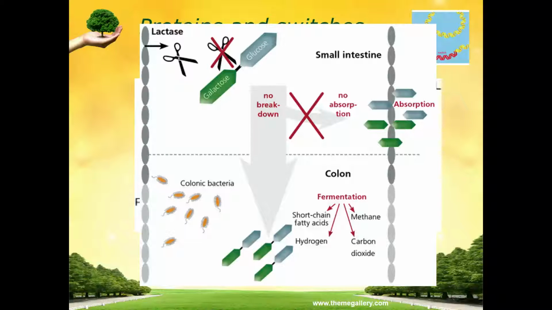When people who don't make lactase consume milk, they experience gas, nausea, and discomfort due to the fermentation in the colon by the colonic bacteria, because the lactose is not absorbed by the intestine. But some people have a variation in a genetic switch that keeps the lactase gene active. So they can break down milk lactose and absorb these products, galactose and glucose, without any problems.